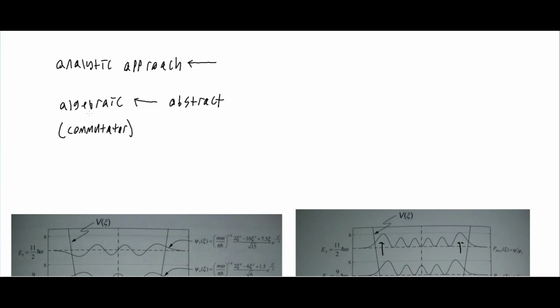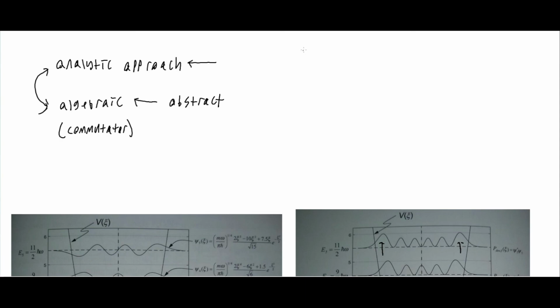But I am going to go over it because it is a valid way of solving the Schrodinger equation, and it's a way that if you study this, you will likely encounter. It is worth going over, and that way we can make comparisons between the algebraic and analytic approach, and show how they are both valid ways of getting to solutions of the Schrodinger equation. But anyway, that will be the next video.